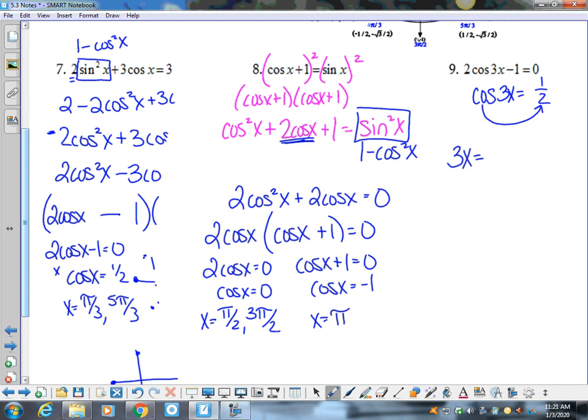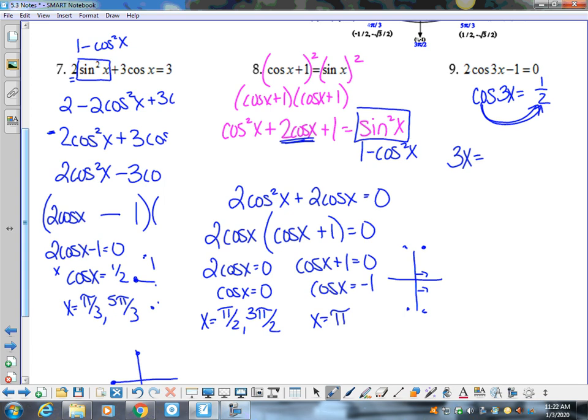Then once I get those places, I take those places and divide them by 3. So I want to know where cosine is 1/2. If I think about my unit circle, cosine is x. X is 1/2, so that's pretty ugly. That's the top and the bottom, and it's positive.